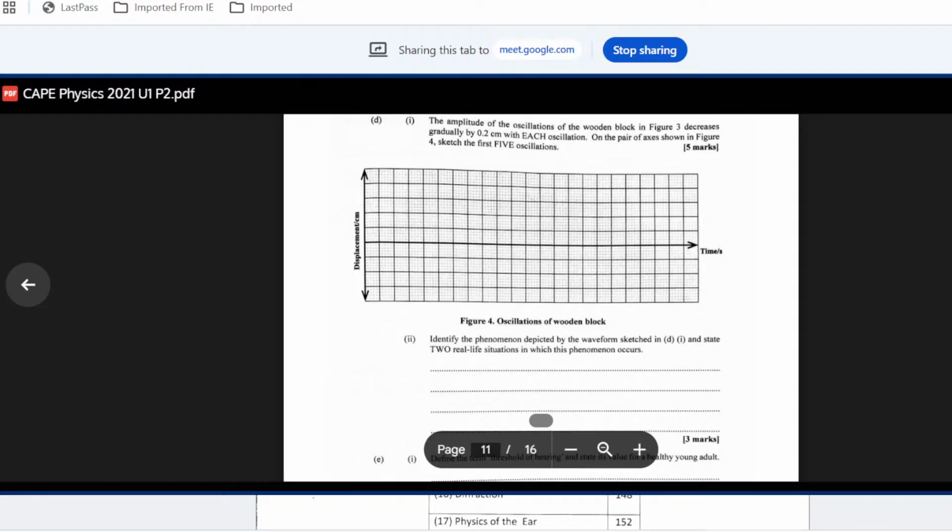It's not decreasing within the cycle, it's decreasing after each cycle. So 5 cycles, 5 different amplitudes.